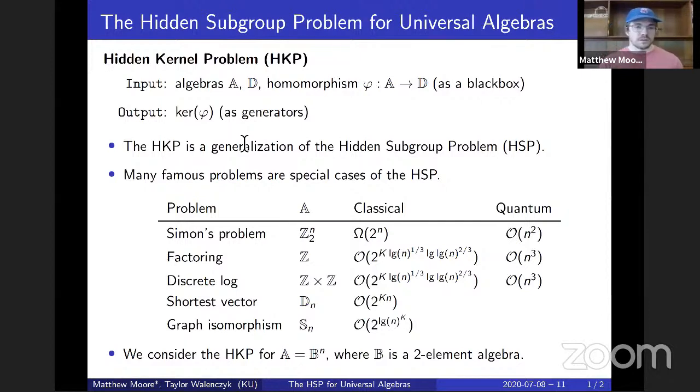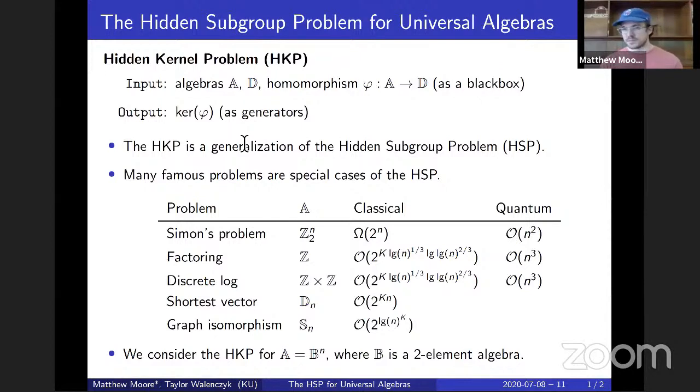One good question is why bother studying this? The answer is that this is a generalization of a problem that originates in quantum computation called the hidden subgroup problem, which is essentially the HKP, but restricted to groups. Many famous problems are actually special cases of the hidden subgroup problem.